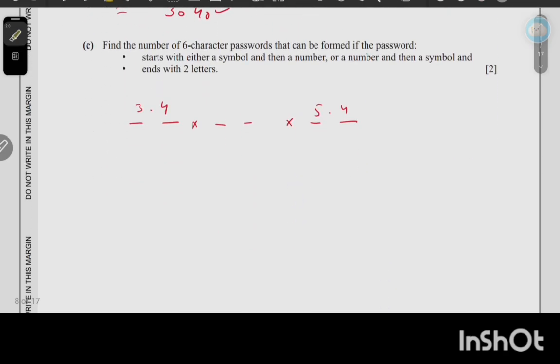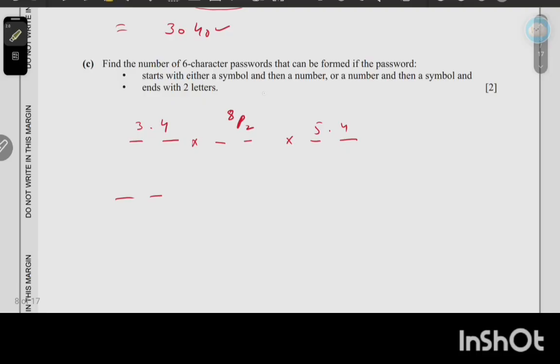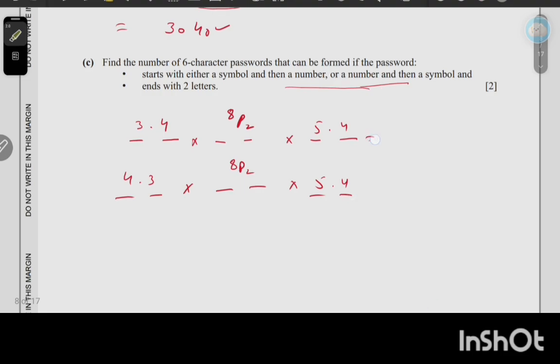Similarly, the pattern here is 8P2 remaining. Now here are number and symbol, so this will be 4 multiplied by 3, 8P2, and here 5 or 4. This does not change. We apply it there and here and just add them all.